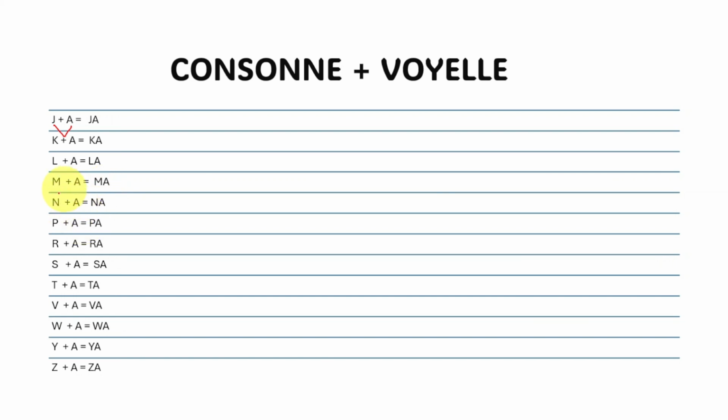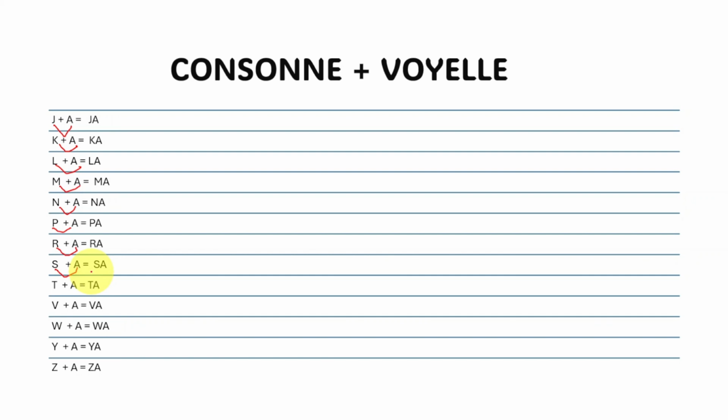Here, when we combine them together, it sounds like na. Here it sounds like ma. Here la. Here ka. When we combine this it sounds like na. When we combine this it sounds like pa, papa, patron. Here, when we combine them together, it sounds like radio.